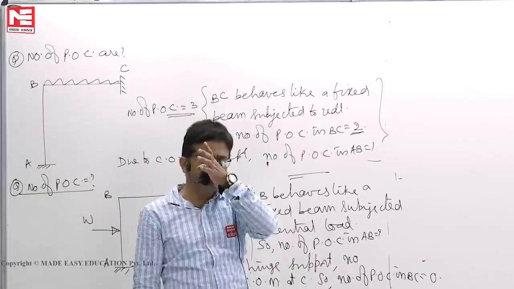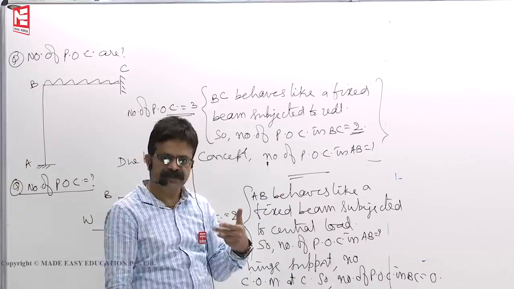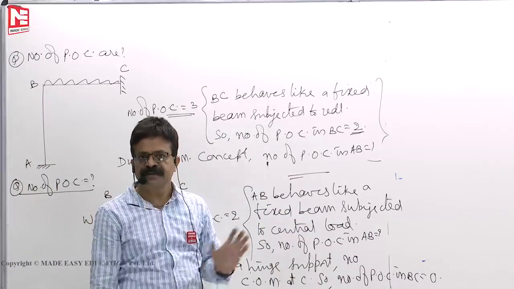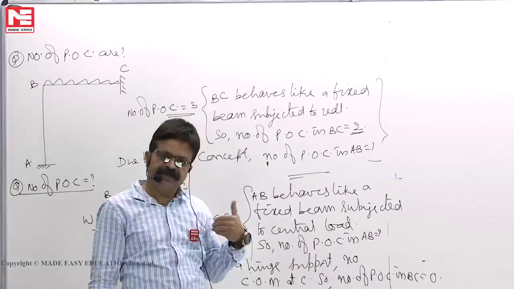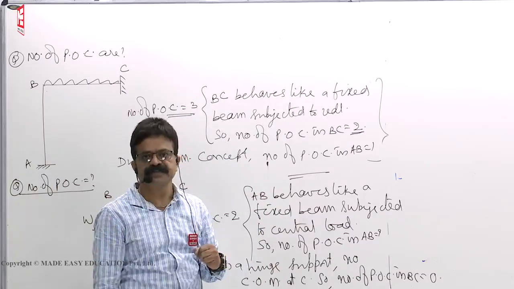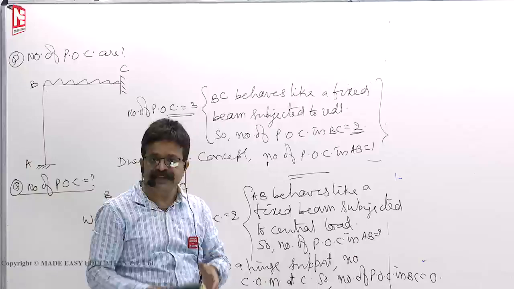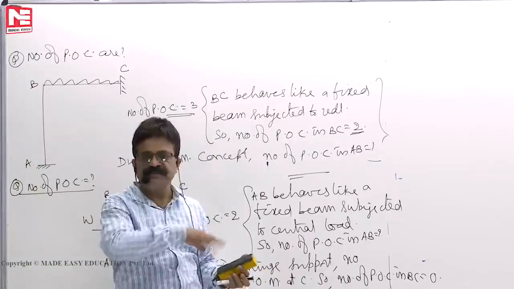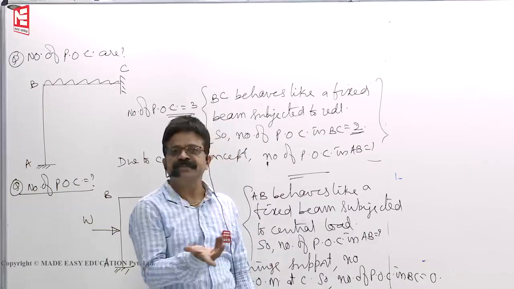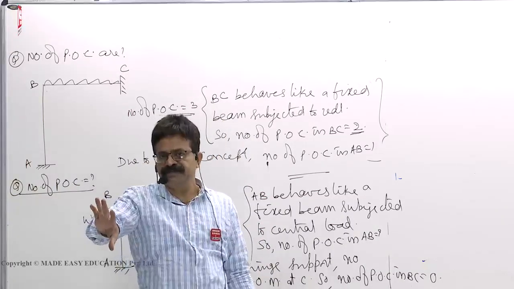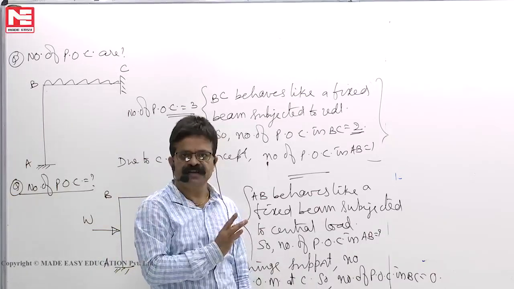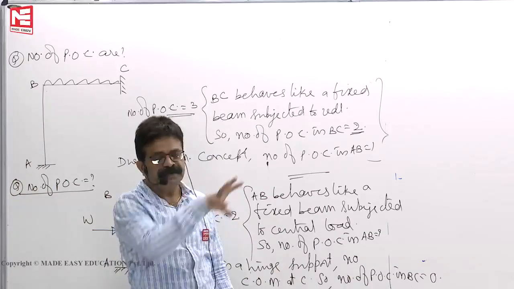Such cases they will not ask, because nobody can find whether POC can develop or not. If frames sway, the final moment distributions are different, and depending on those magnitudes the deflection profiles will change. Once the deflection profile changes, whether POC develops or not changes depending on the magnitude of sway. Such questions anyhow they will not ask.